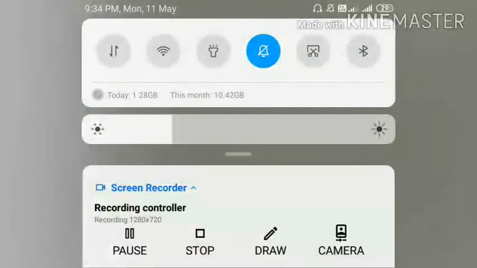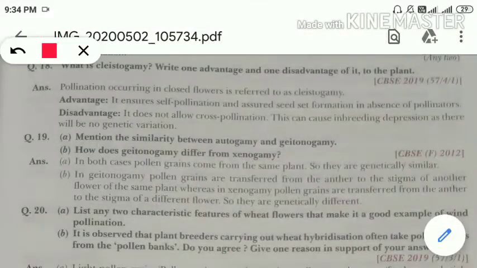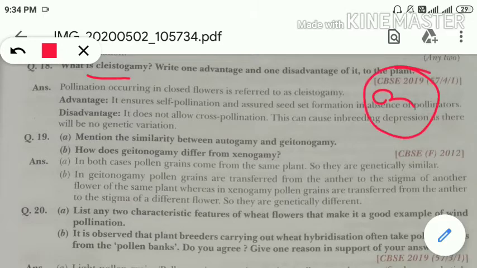Cleistogamy means the flower is closed. That means the flower is in the closed condition, and the flower only opens after it has achieved pollination. So that means it leads to autogamy only, and we can say it leads to assured seed set.